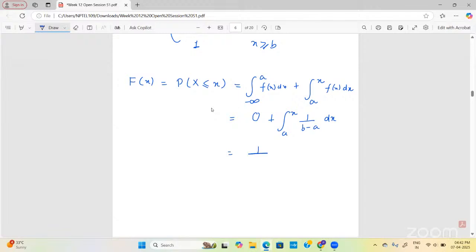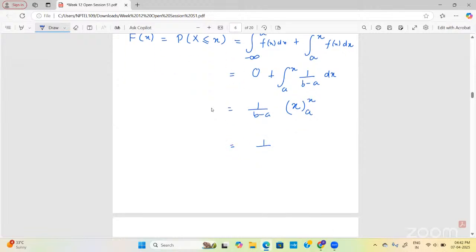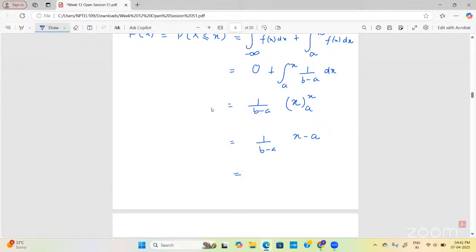Since 1 upon b minus a is a constant, I can write it outside the integration. Then the integral becomes x from a to x, so that will be 1 upon b minus a times (x minus a). Ultimately, the CDF at point x will be (x minus a) divided by (b minus a).